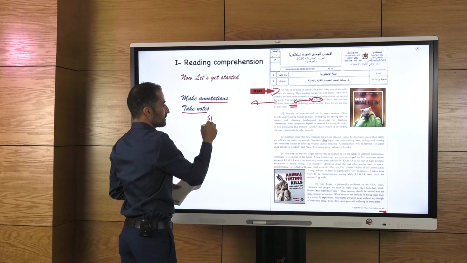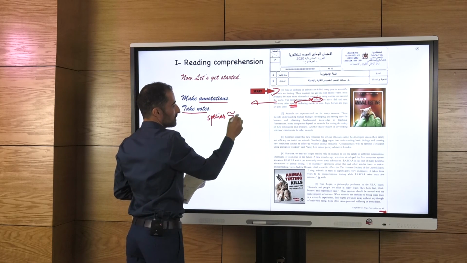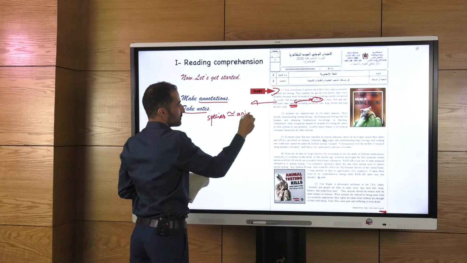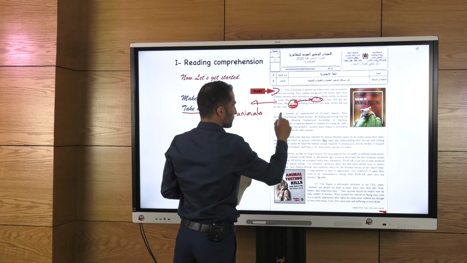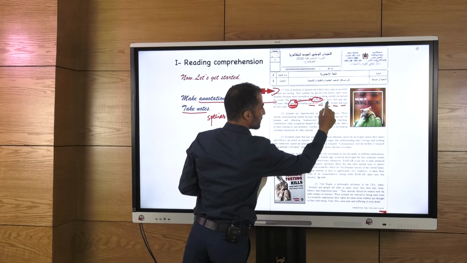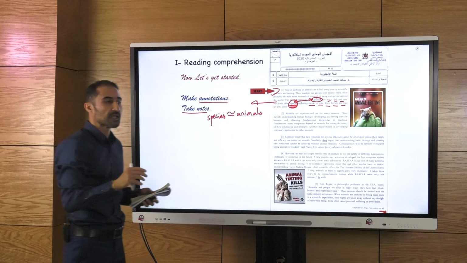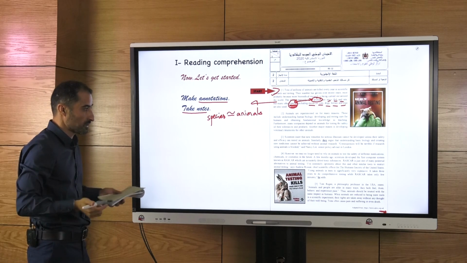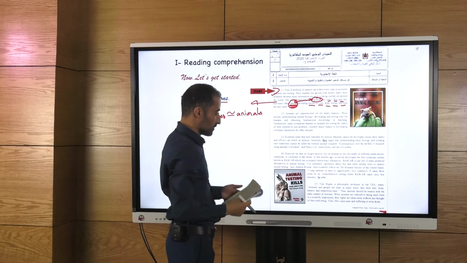So species, maybe it refers to animals. And if you go here, we have monkeys, cats, dogs, horses. So the meaning of species is something that looks like animals, and the same thing with the other difficult words that you may come across.